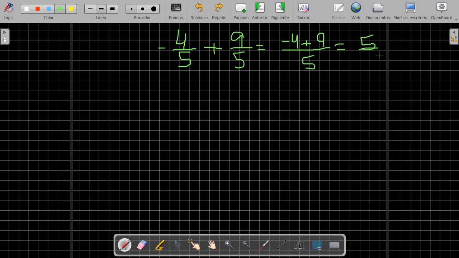And you can simplify this fraction. If you divide both numerator and denominator by 5, that will give you 1. And remember, every fraction with 1 as a denominator is actually an integer. The answer is 1. So that's it.